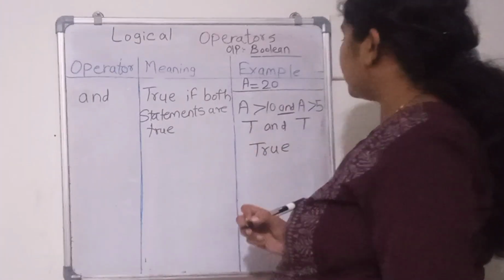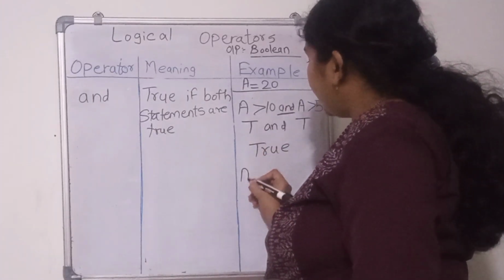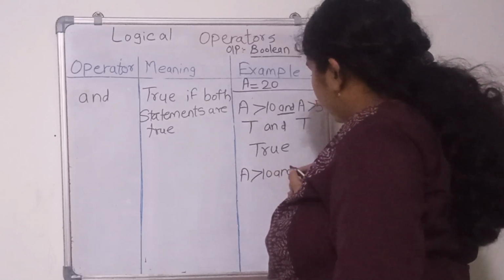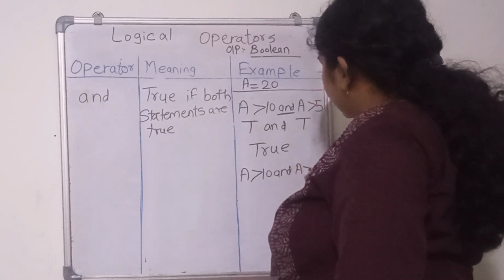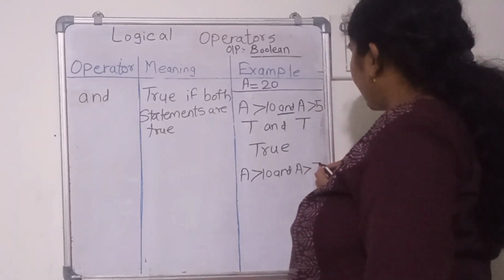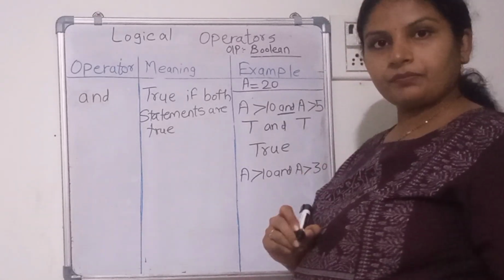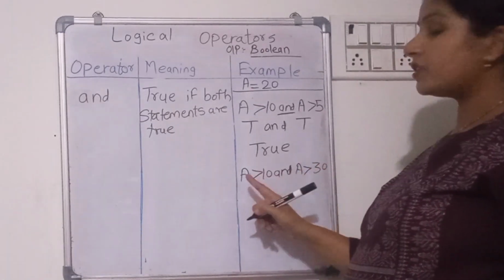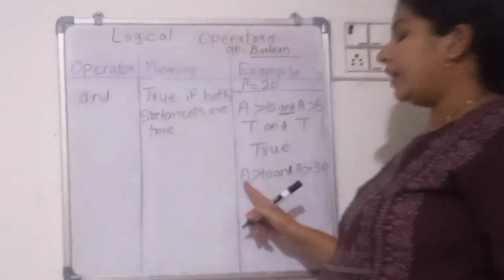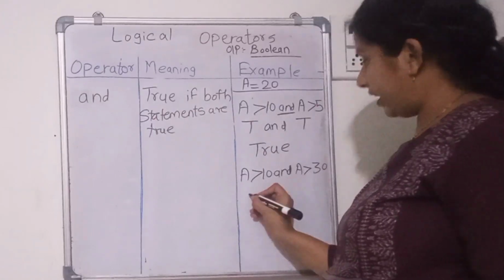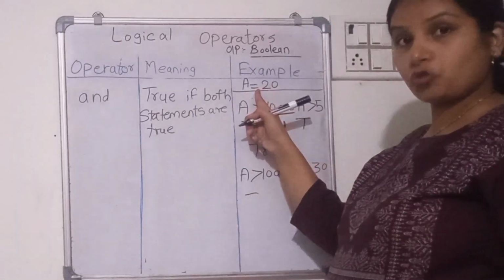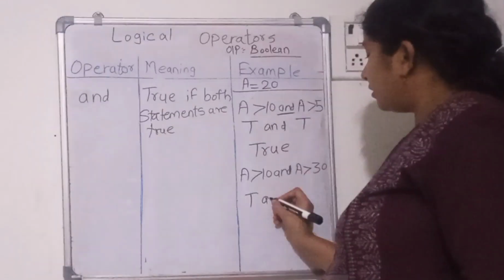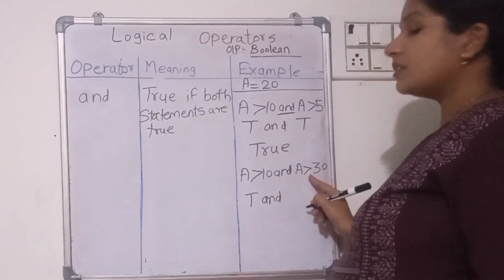Okay, let's take another example. Suppose a is greater than 10 and a is greater than 30. Both these statements are here. So first we are checking this statement. A is greater than 10, yes, because a value is 20. So the output of this is true. And a is greater than 30.